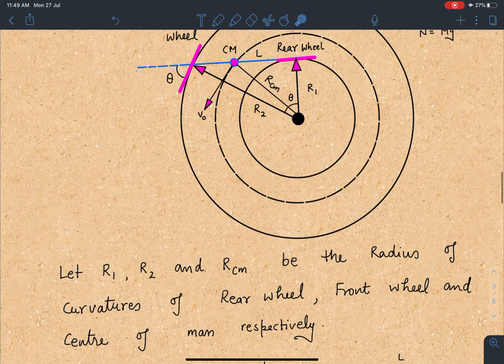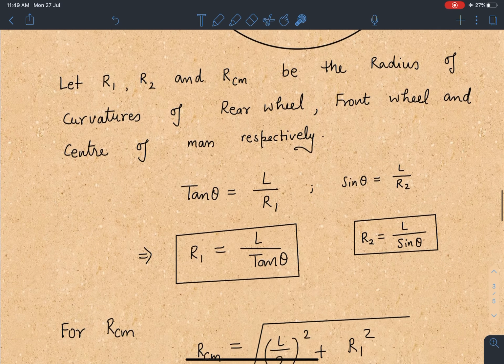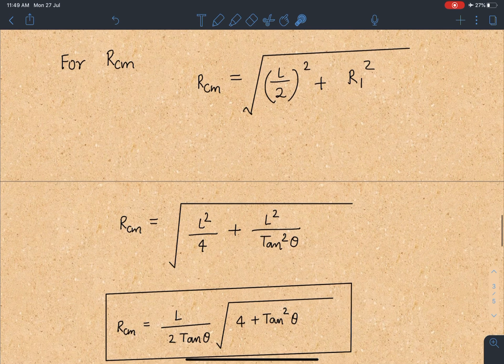Now for RCM, suppose we want to calculate this. Now we know the value of R1 also, so I can use this Pythagoras theorem here. So I can say simply this length is L by 2. So L by 2 whole square plus R1 square is equal to RCM square.